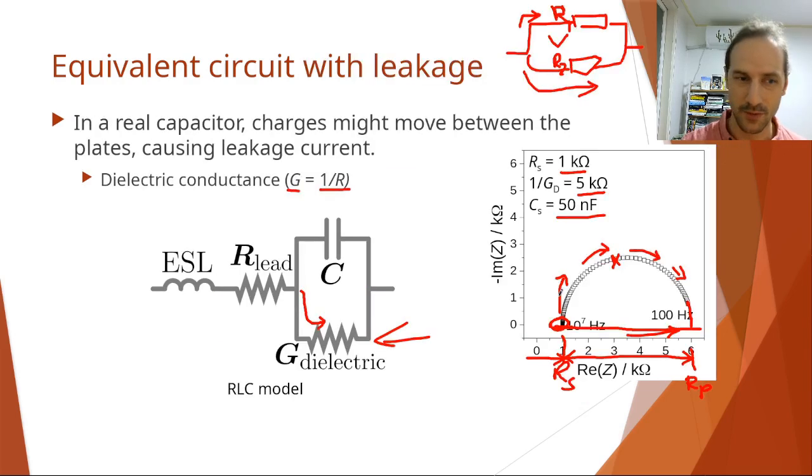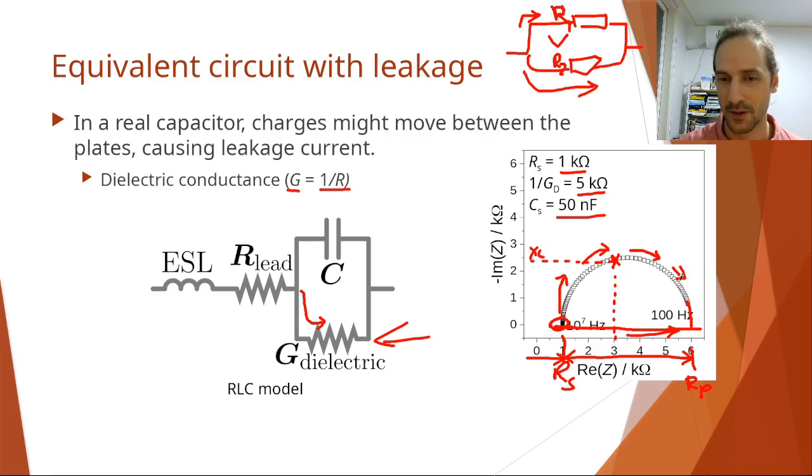But once we have this more complicated circuit, then the x axis here will be, for the resistivity, somewhere in the middle, and then we will have this capacitive reactance here. But this capacitive reactance is not going to directly give us this capacitance, because this is not going up in a straight line.